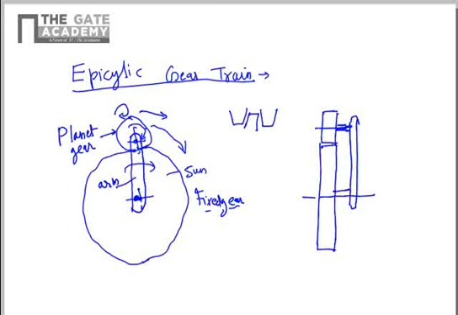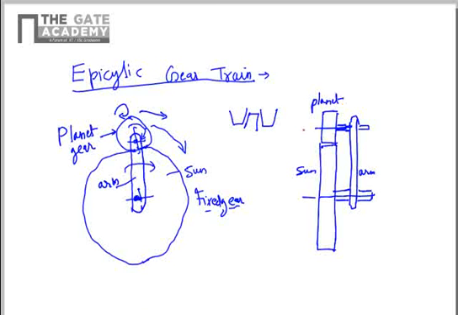This is the arm, and this is the axis of the sun gear. Arm, sun, and planet.